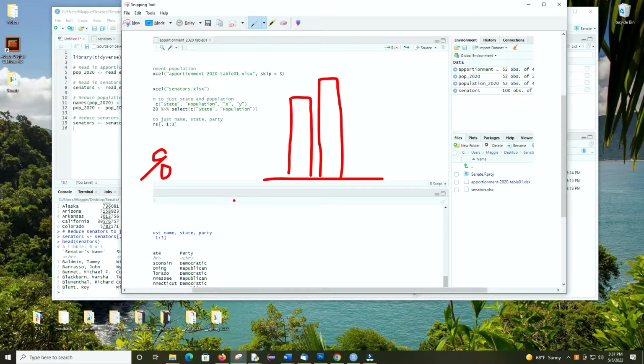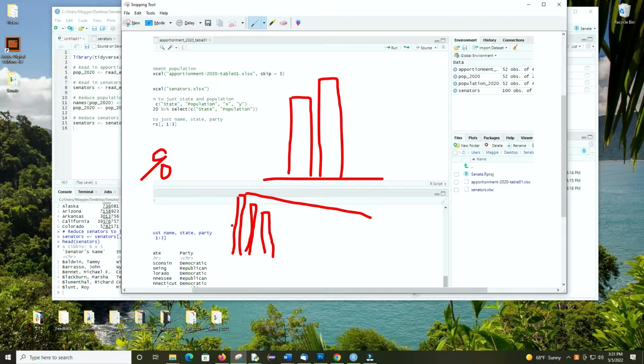And then I think for another visualization, what I'd like to do is take the population of each state and divide it between its two senators. And then just from highest population to lowest population, and I am not going to draw 100 little bars, but I will color the bars red and blue, and just a visualization of the percentage of the population that each of the individual senators represents.